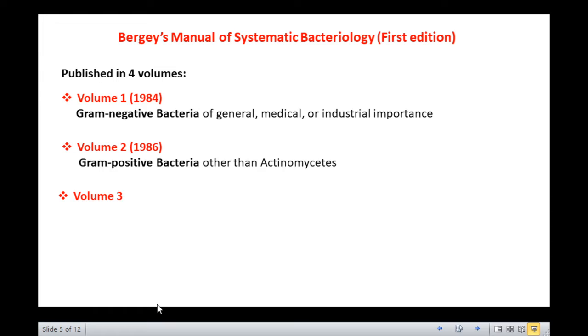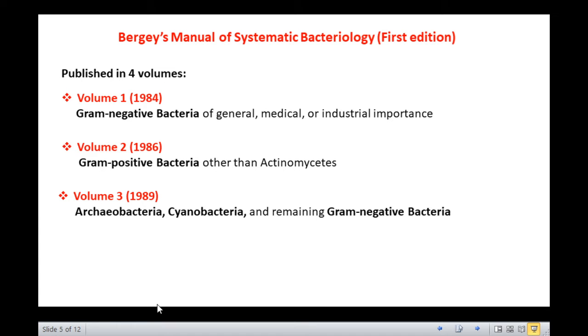The third volume came in the year 1989 and it included Archaebacteria, Cyanobacteria and the remaining gram-negative bacteria. The final volume, volume 4, was published in 1989 again and it included actinomycetes.